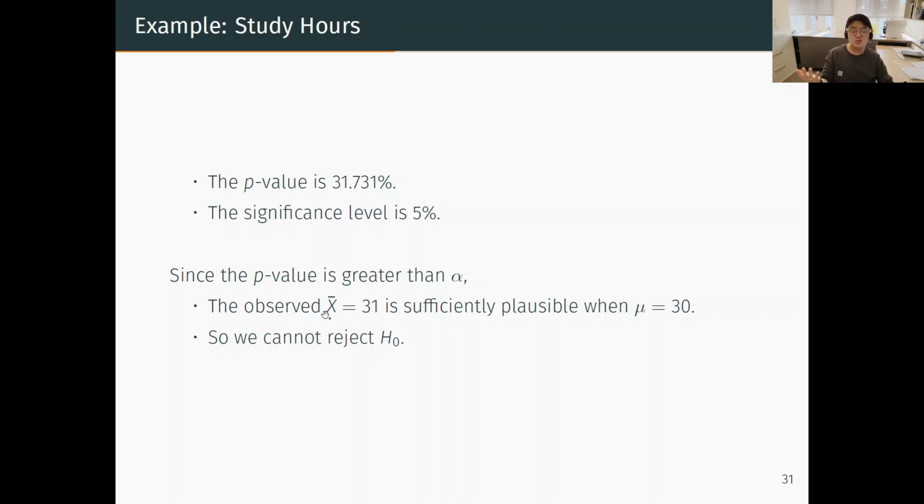So I don't need to change my belief, right? 31 is sufficiently consistent with my belief, and the difference is purely random error. A random error of 1 is very likely, so I don't need to change my mind. This is how we implement hypothesis testing, how we interpret the results, and the terminology.